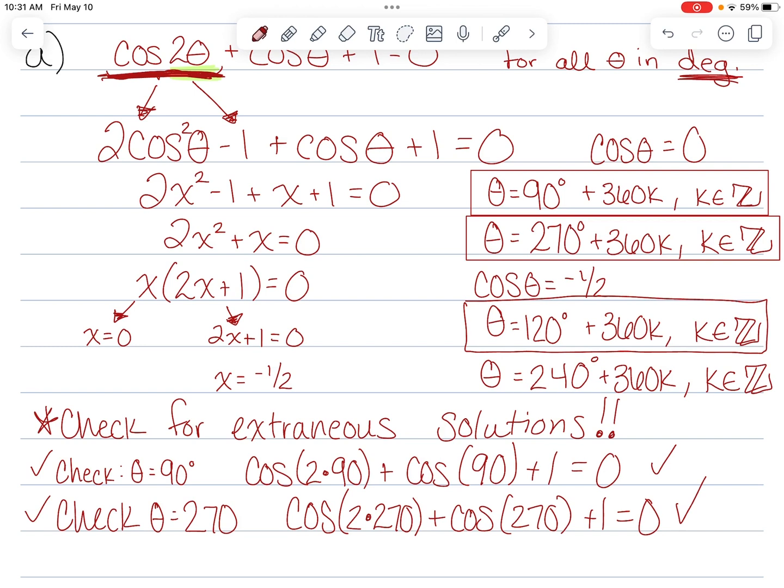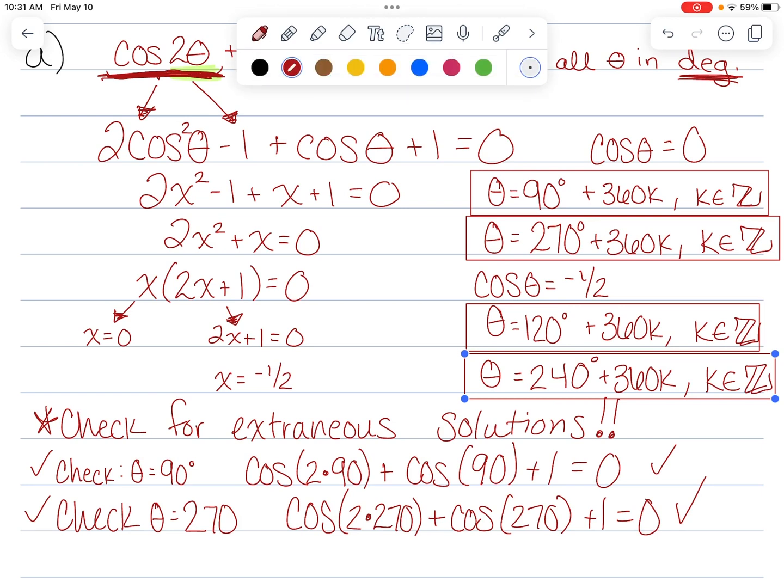When I check 120, I get 0, and therefore 0 equals 0, which is what I want. When I check 240, I do the same thing. I've already checked them. You don't have to write out that you checked them, but if you tell me something is an answer that was an extraneous solution, it is wrong. So, do check your answers.